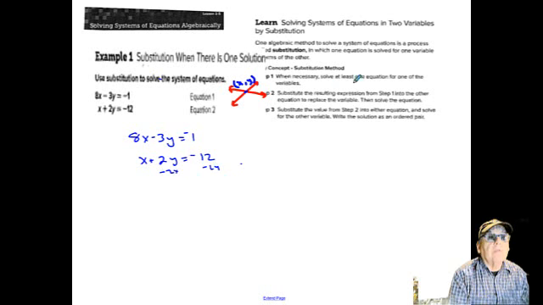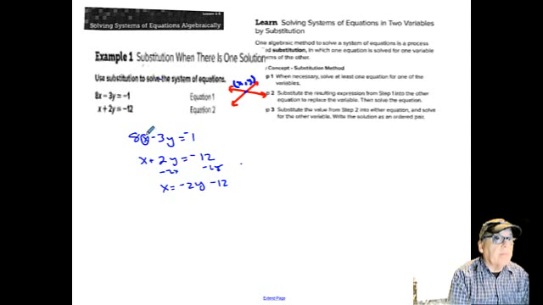So when necessary, solve at least one equation for one of the variables. So we have x is equal to minus 2y minus 12. And we are going to substitute that in for the x in the first equation.